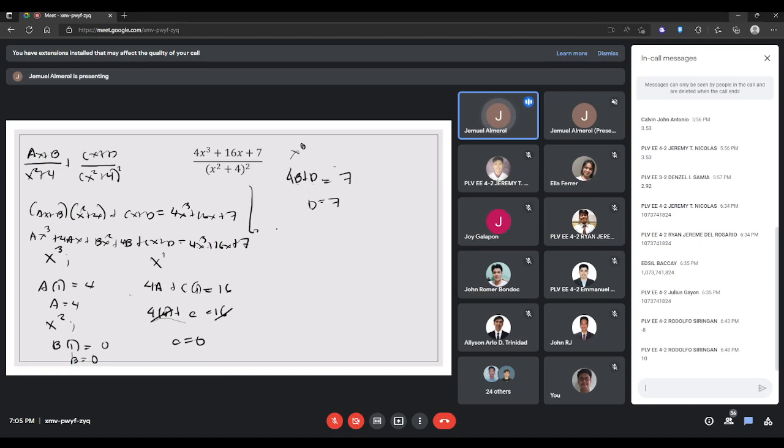So our a is 4, so 4x plus 0 over x squared plus 4. Tapos plus 0 times x, and then plus 7 all over x squared plus 4. Thus, our final answer should be 4x over x squared plus 4 plus 7 all over x squared plus 4.